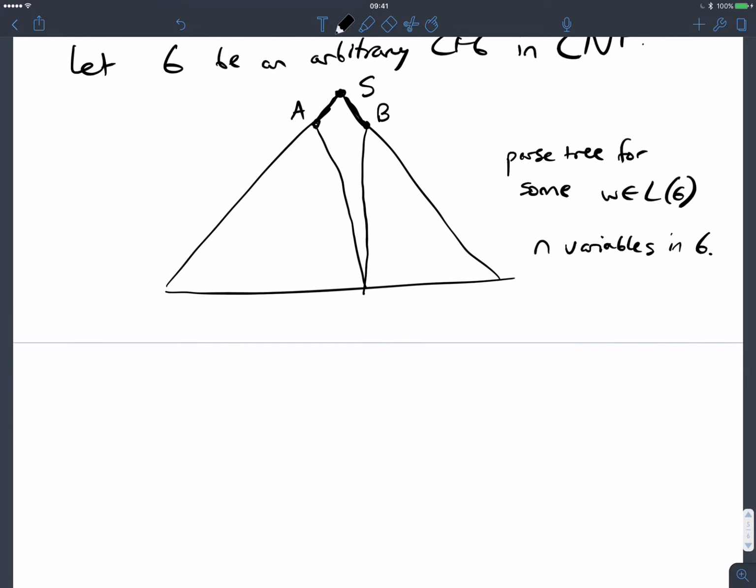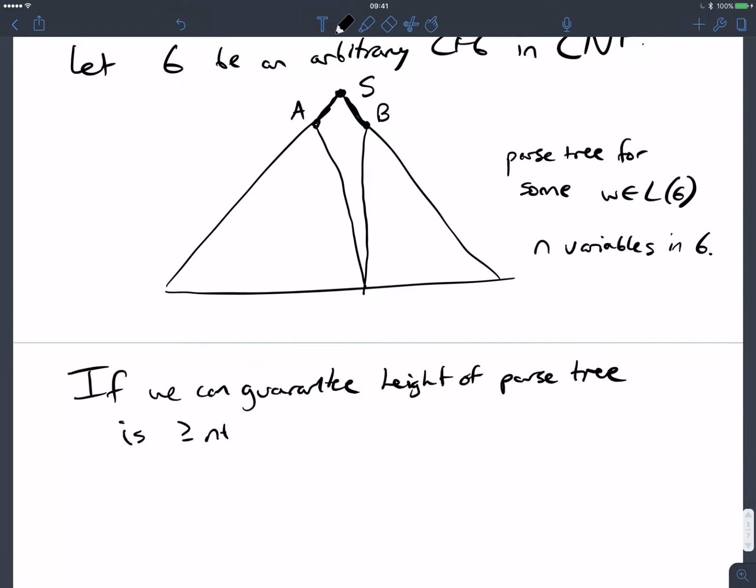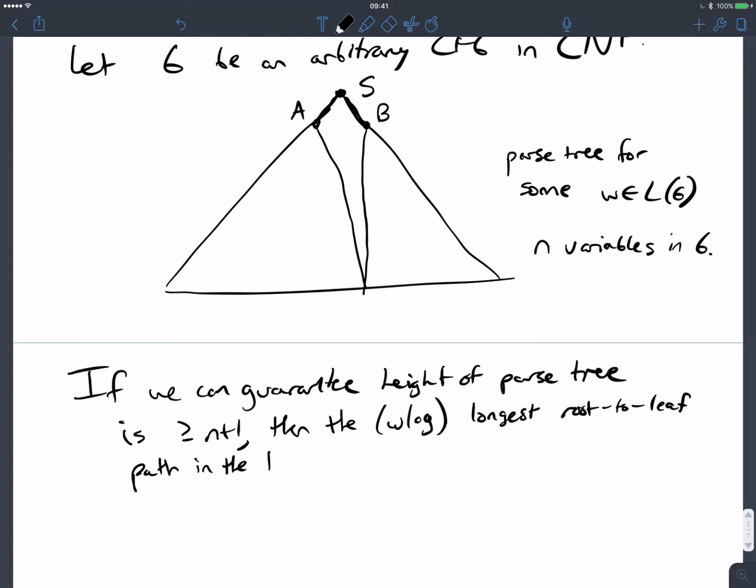So if we can guarantee the height of the parse tree is at least n plus 1, then, without loss of generality, the longest root to leaf path in the tree repeats a variable.